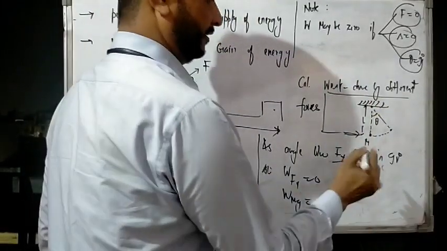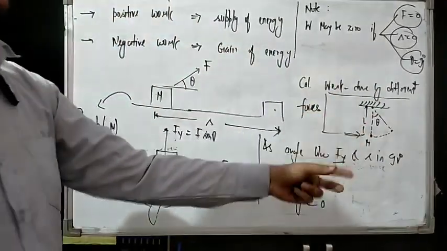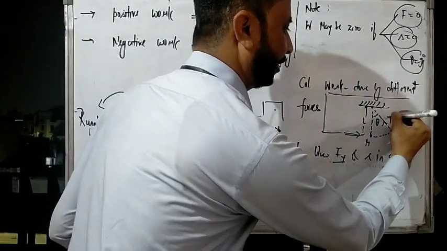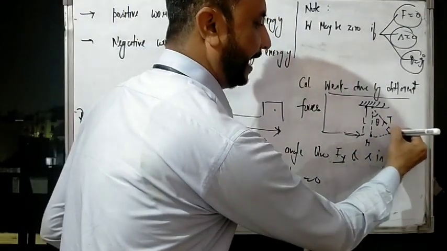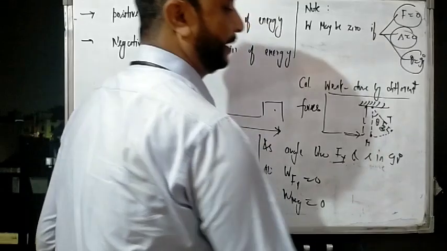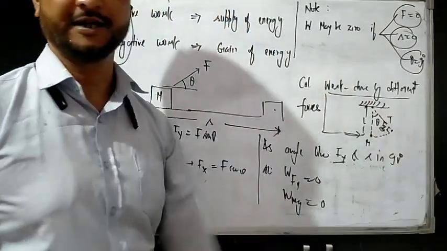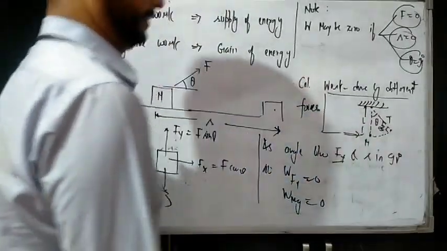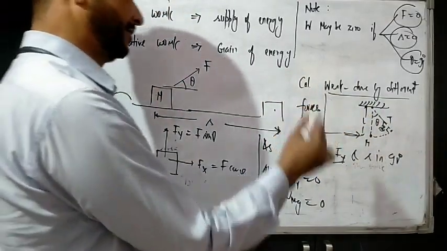Then, in very simple language, it will be discussed in great detail in circular motion. I am just giving an idea that if you are talking about the tension in the string, then the angle between T and the displacement at every moment will be 90 degrees. That's why the work done by the tension is 0. It is an example. You must note it down. The work done by the tension in this specific case is 0.